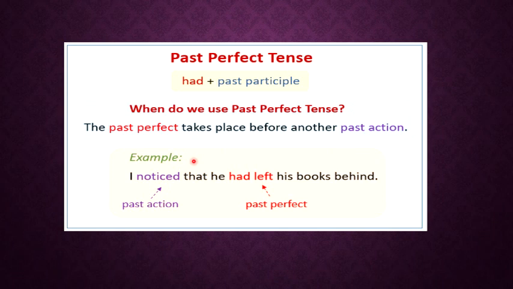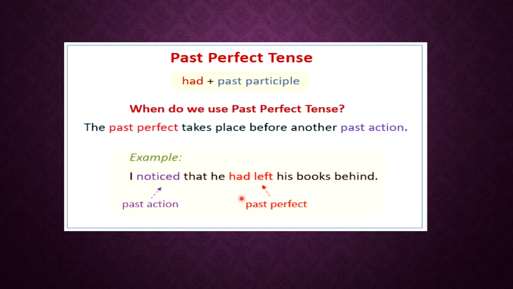Let us see another example. I noticed that he had left his books behind. Now in this sentence, there are two actions going on: the action of noticing and the action of leaving the books. Now we have to understand which action happened first.